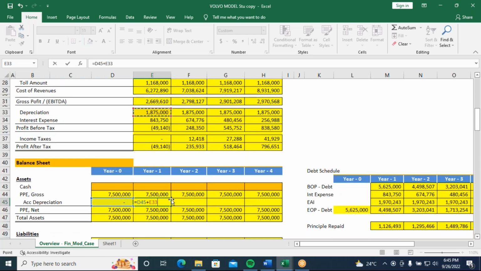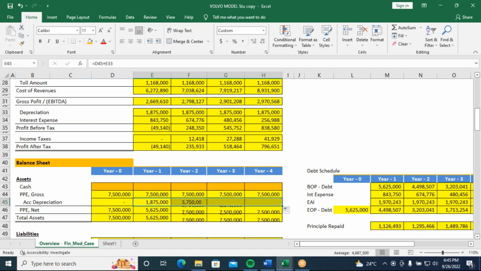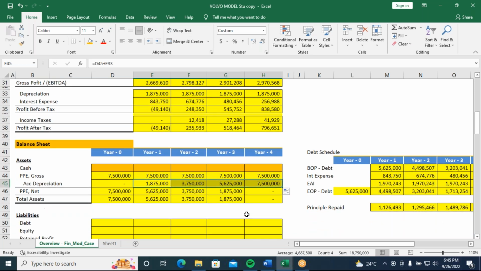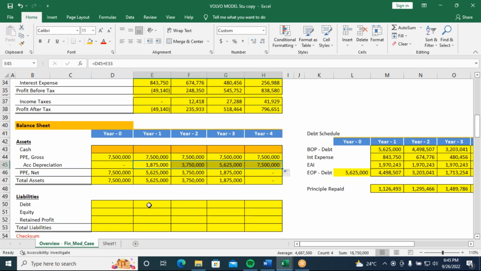So previous year plus the depreciation value, enter. I'll just click here and drag it till the last. So understood with this? Let's go to the liabilities.